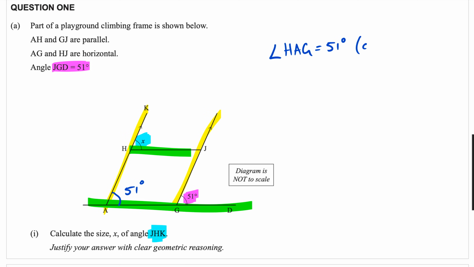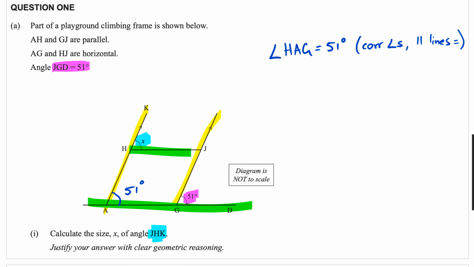So we're going to put that as our reason: corresponding angles on parallel lines are equal. If you do want to write that in a full sentence, I don't think that should be a problem, but this is just how the marking schedule has written it. So it's straightforward from that.